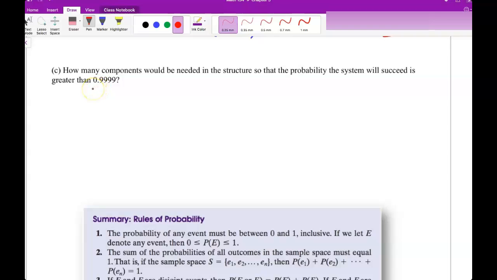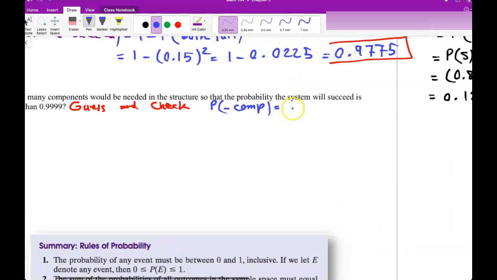So on this part we should guess and check how many components we should have, to have this probability equal to 0.9999 or more.